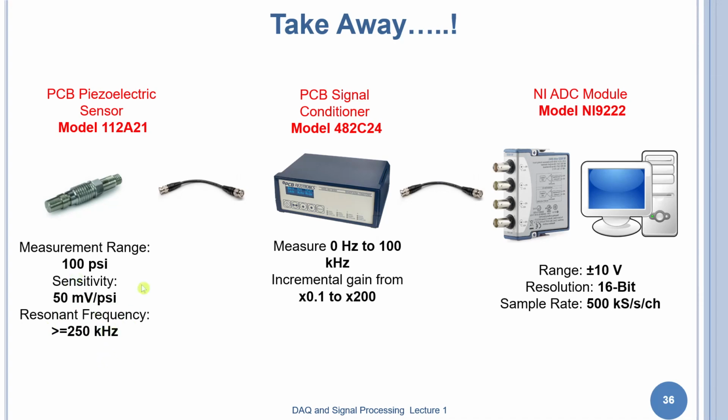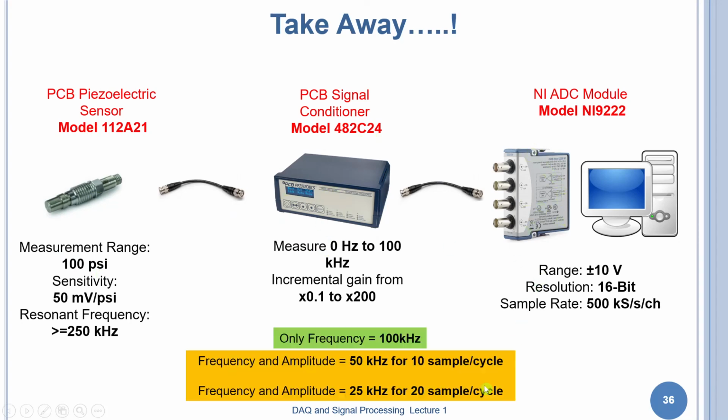So most frequencies below this can be captured using a piezoelectric sensor. The rest remains the same. I'm using the same signal conditioner and the same ADC module. So if you want to capture frequency and amplitude for 10 samples per cycle, again you can only get a 50 kilohertz signal, and for 20 samples per cycle you can get a signal of 25 kilohertz.